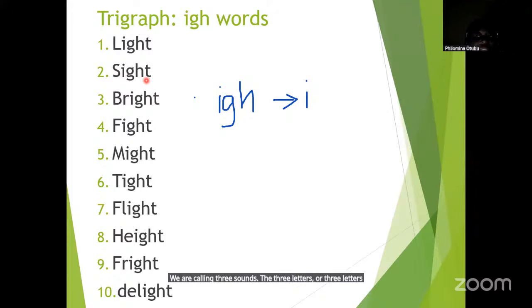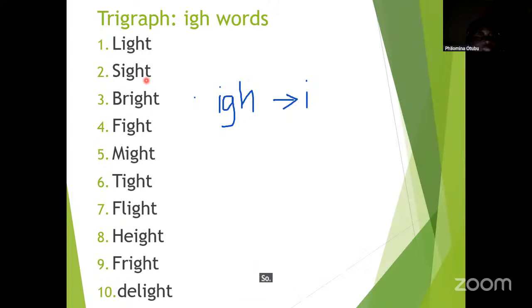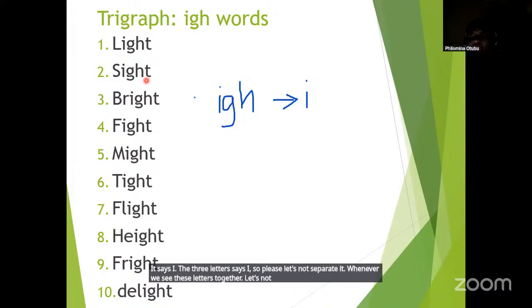The three letters are making the I. It says I. So please, let's not separate it. Whenever we see these letters together, let's not separate it. Either when we are pronouncing it, well, most times when we are pronouncing, let's not separate it. It says IGH. The three letters say I.